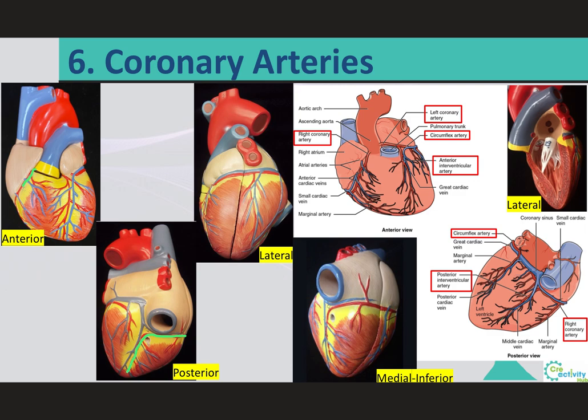The left coronary artery will split right after the pulmonary trunk into the anterior interventricular artery that runs down between the ventricles anteriorly, and the circumflex artery, which will go around circulating the heart all the way to the posterior side where it will start to branch as well.